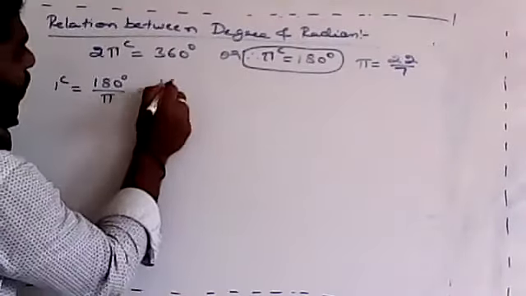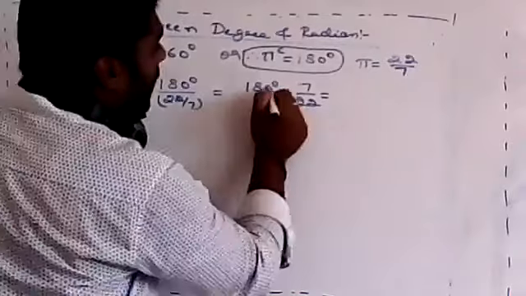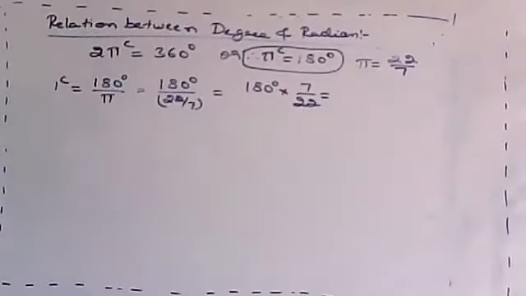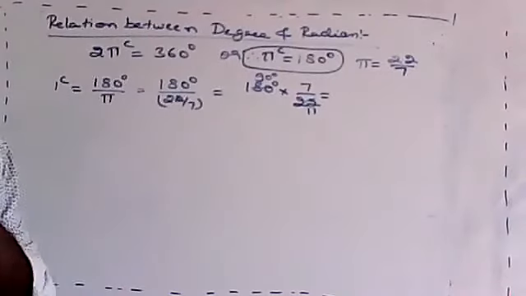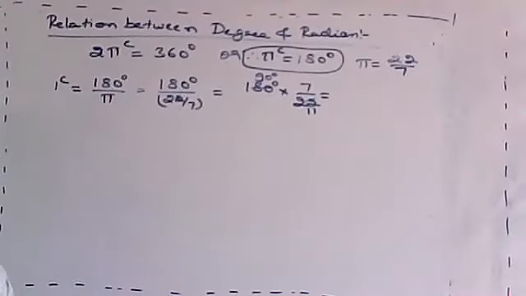What do we get as the answer? 180 into 7, how much will we get? Otherwise, just calculate. 2 11s are 22, so 90 into 7, how much will we get? Not 57.27.